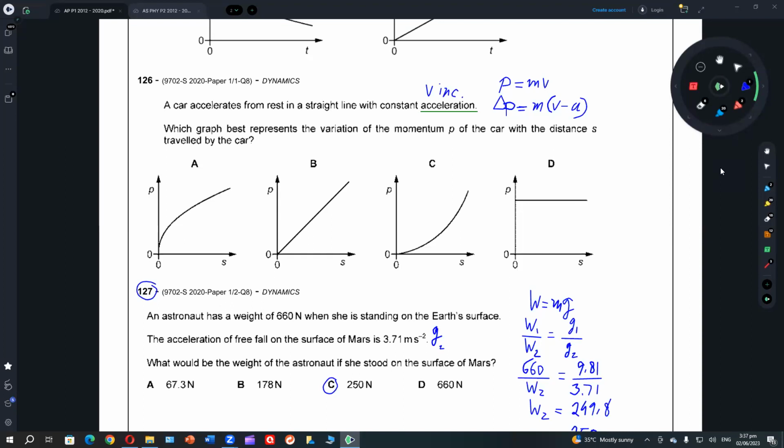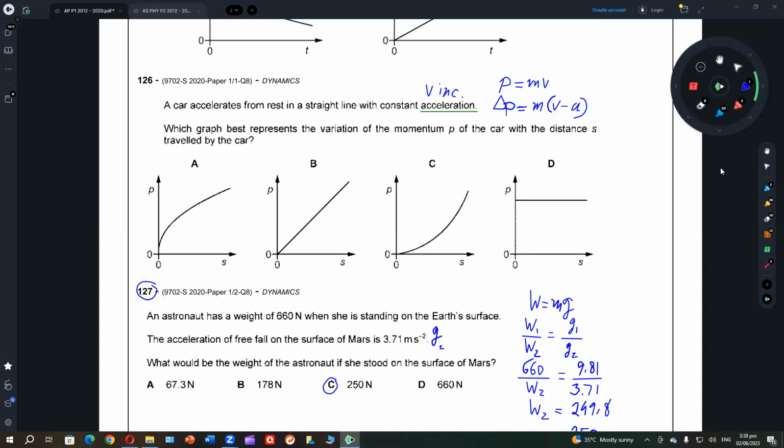That's sure, momentum should be increasing with distance, but the main thing is the relation. We should find a relation. D cannot be the answer because if velocity is increasing, momentum is also increasing.